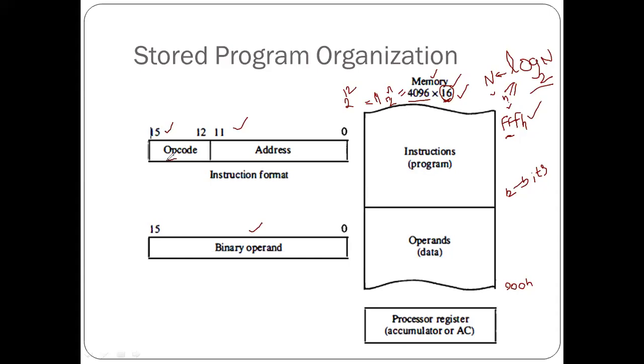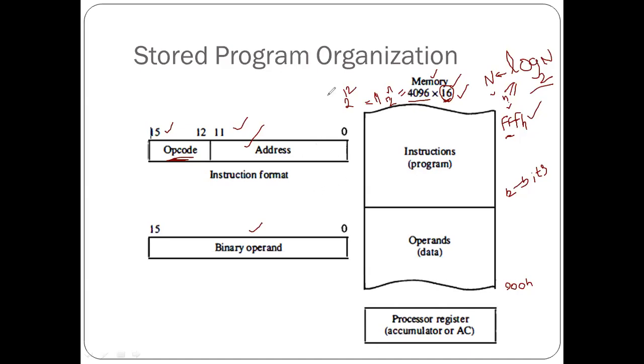That is the opcode, short for operational code: what operation is to be performed, and on which operands. This is what we call stored program organization, where our program is stored initially in memory and we read one instruction at a time and execute it.